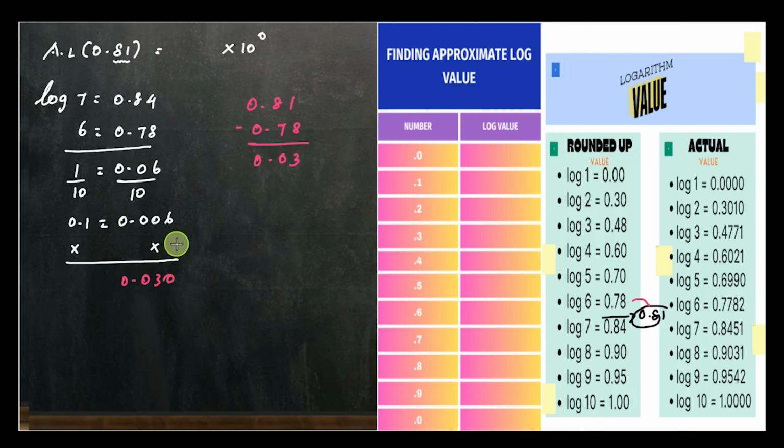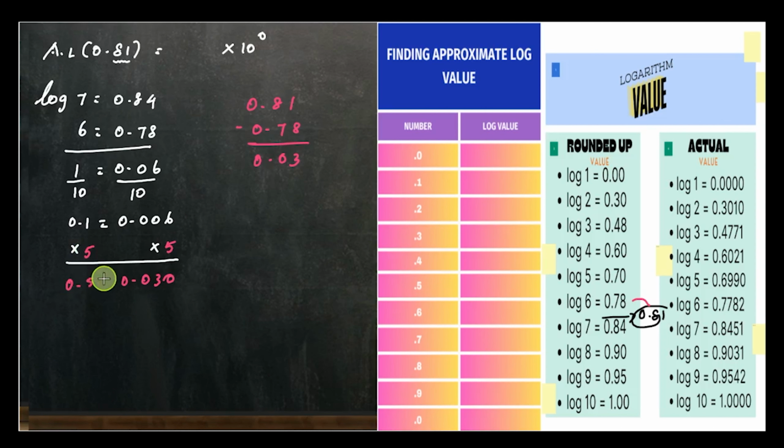Now think of a number which gives approximately this number. You can consider a number which gives a closer answer. It need not always be exactly the same. If it gives the closest number, that's enough. So if I write a 5 here, I will be getting exactly this number. So I need to multiply this with 5.